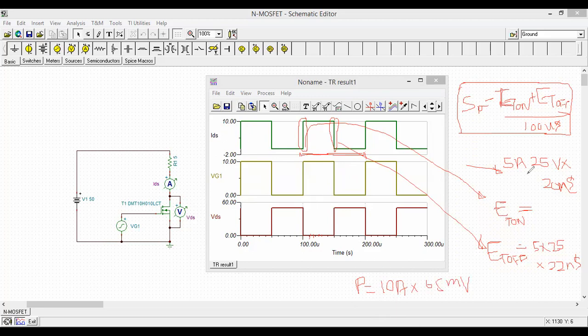So the total power dissipation is the dynamic loss plus the static loss. You have to know these values when you choose your heat sink, to find the appropriate heat sink for this device, or use the right package.